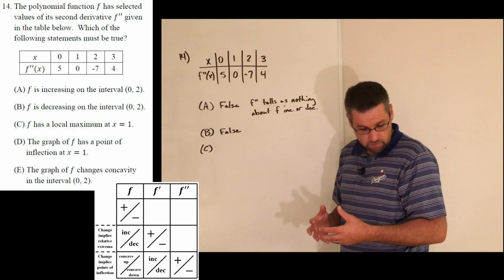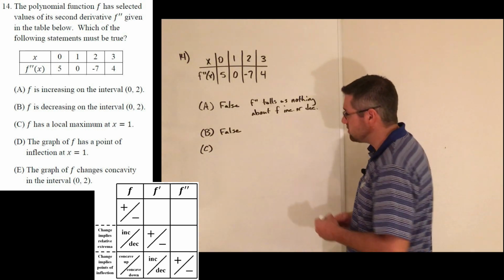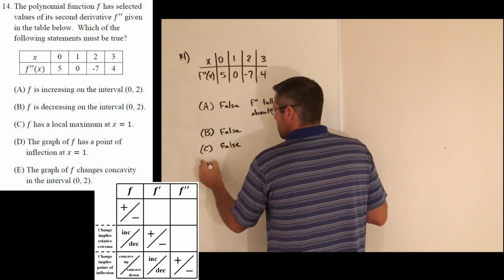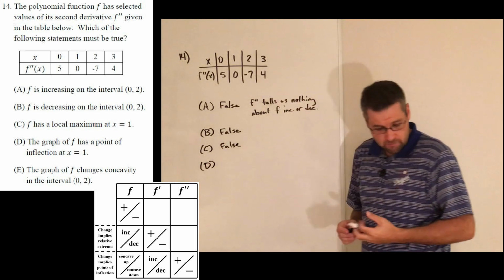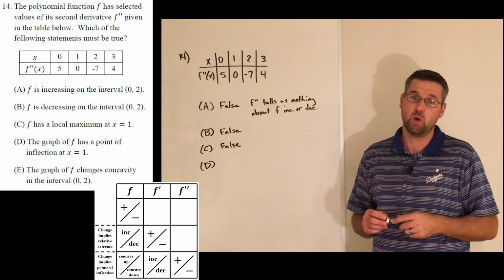But then you might say, if C is false, let's go down to option D, because option D sounds really good. Option D says the graph of f has a point of inflection at x equals 1.